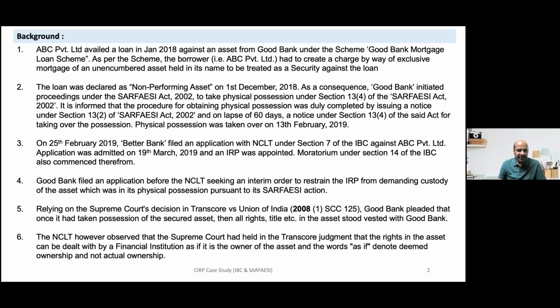Good Bank filed an application before the NCLT seeking an interim order to restrain the IRP from demanding custody of the asset, which was in its physical possession pursuant to its SARFAESI action. So basically, the asset which was already a security interest with Good Bank was already in the physical possession of Good Bank as per point number 2.